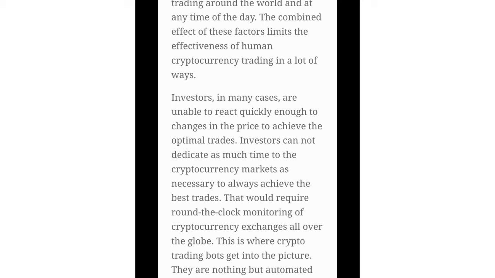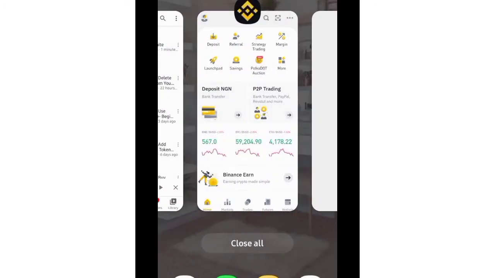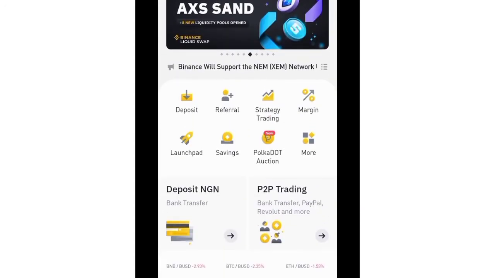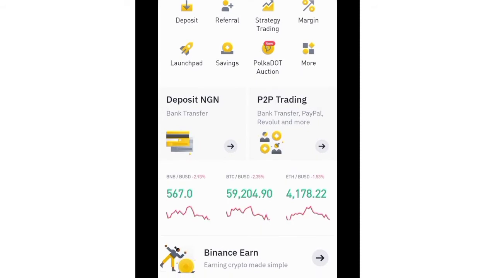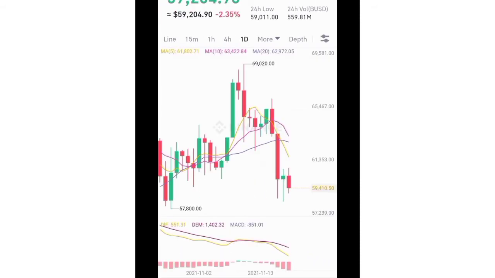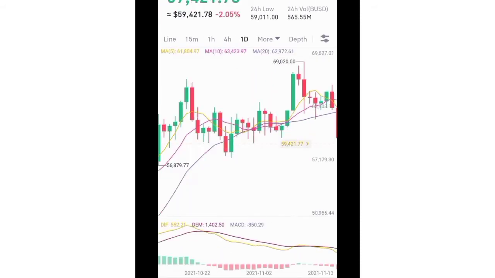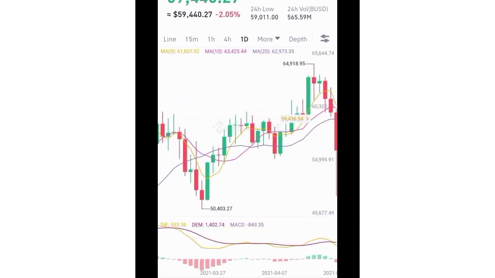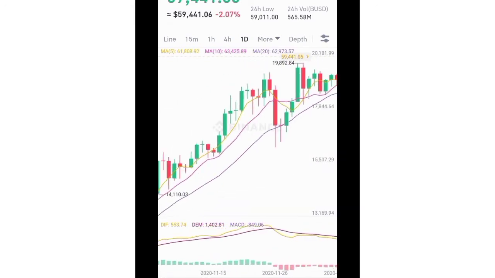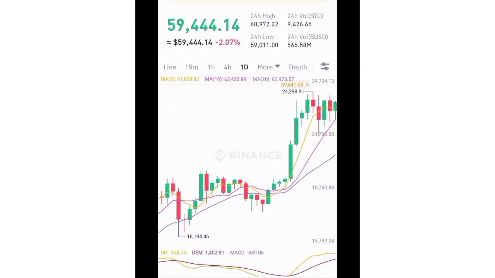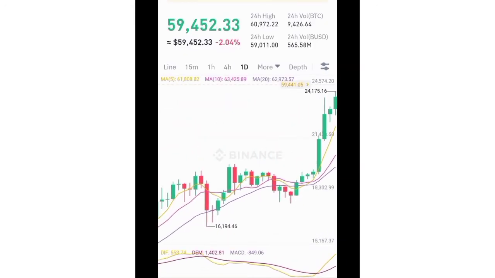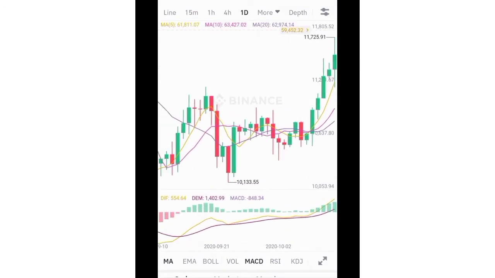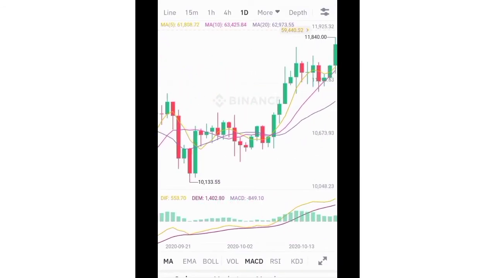I want to show you an instance where, this is Binance. Let me take, for instance, BTC.